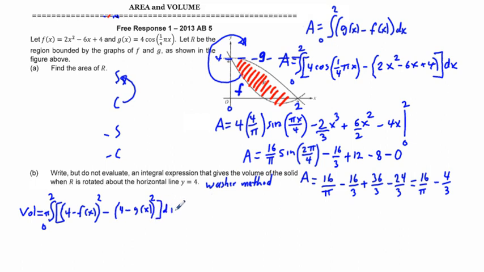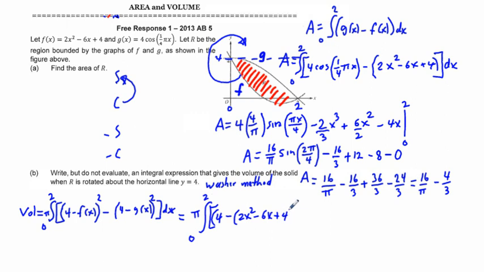And then just kind of writing it all out, we have pi integral from 0 to 2, we have 4 minus f of x, which is 2x squared minus 6x plus 4.